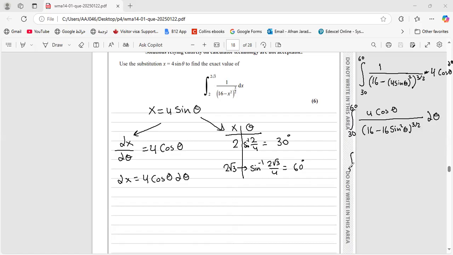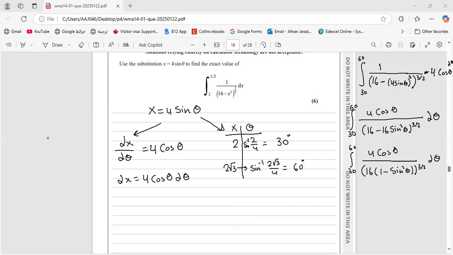So the integration from 30 to 60 of 4 cosine theta over 16 minus 16 sine squared theta to the power of 3 over 2, which equals 16 multiplied by (1 minus sine squared theta) to the power of 3 over 2 d theta.